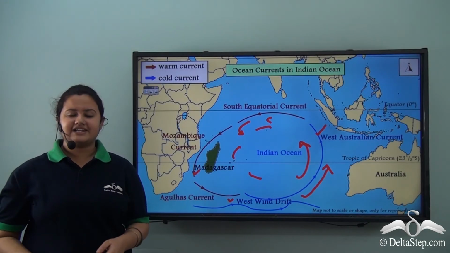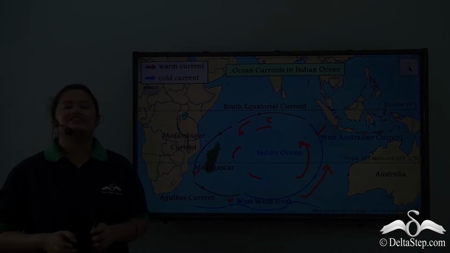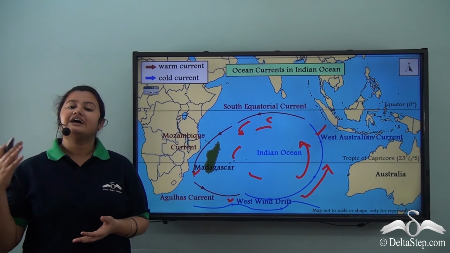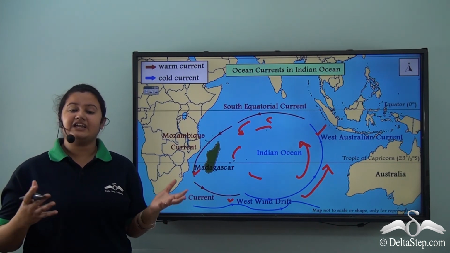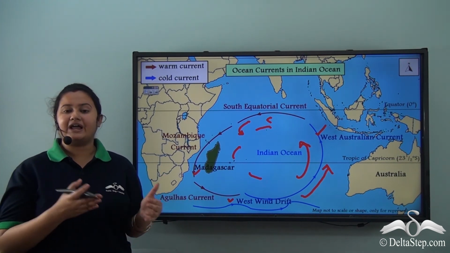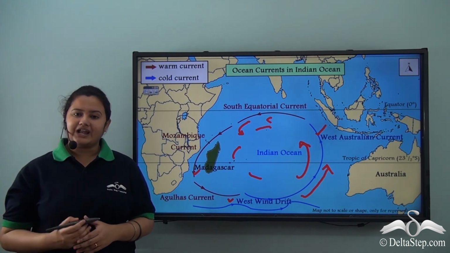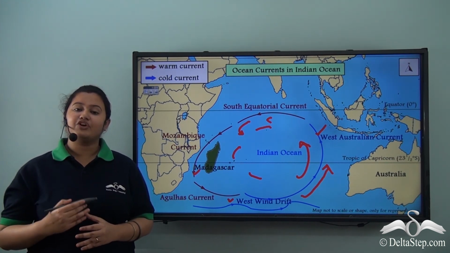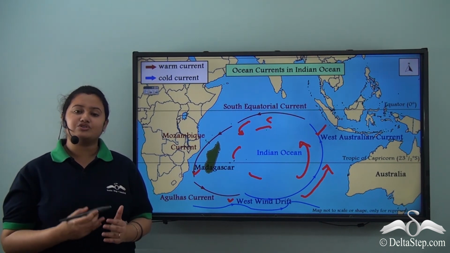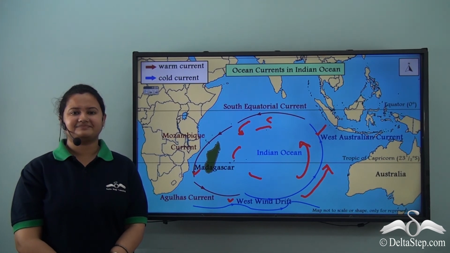And before understanding the circulation of ocean currents in the Indian Ocean, we studied about high pressure and low pressure region over the landmass and the sea in different seasons. And we found that due to difference in temperature and pressure belts, monsoon winds travel from sea to land during summer and from land to sea during winter. And the ocean currents also follow their movement.